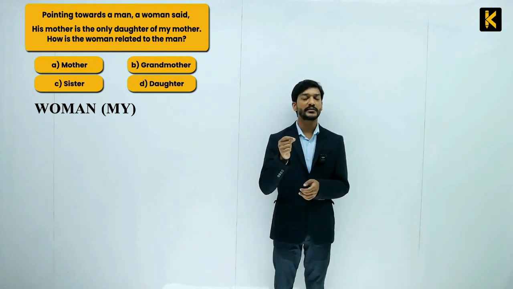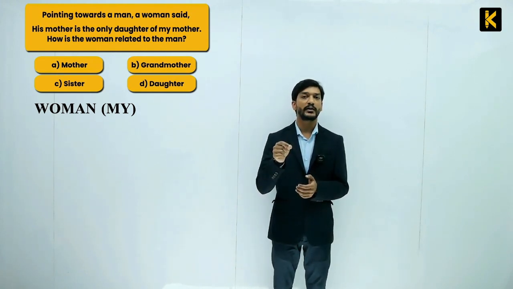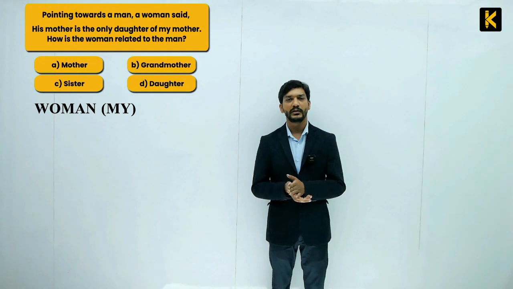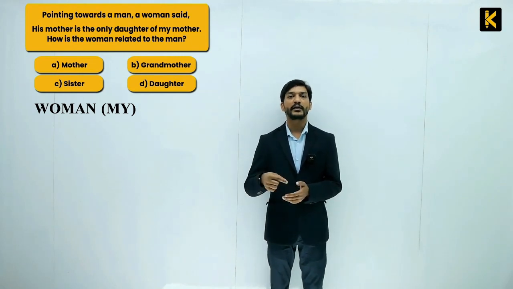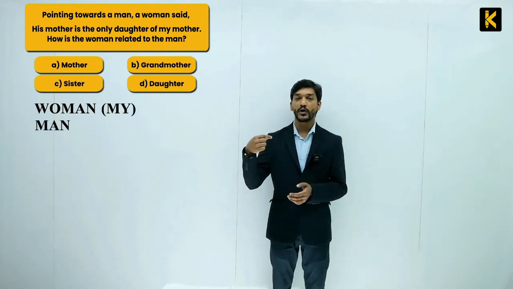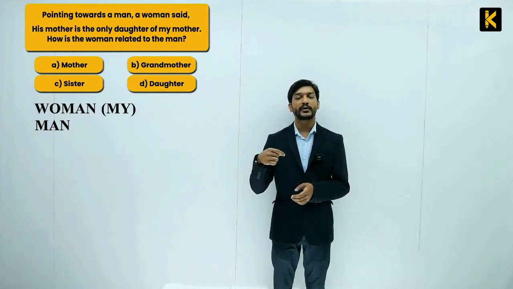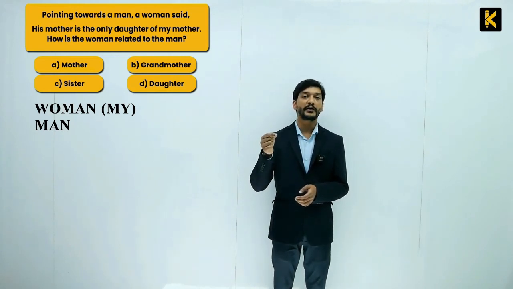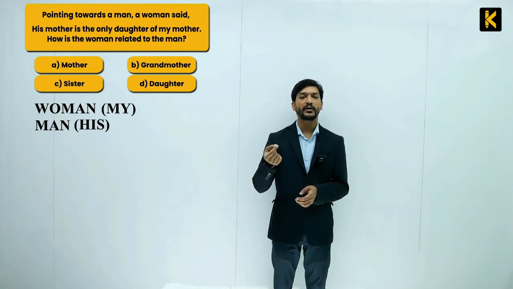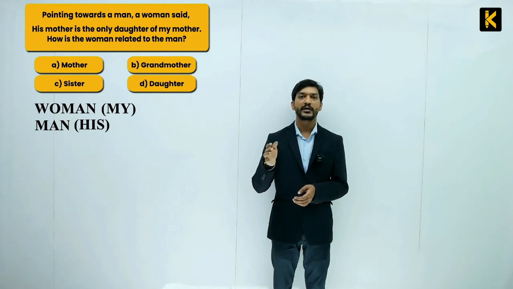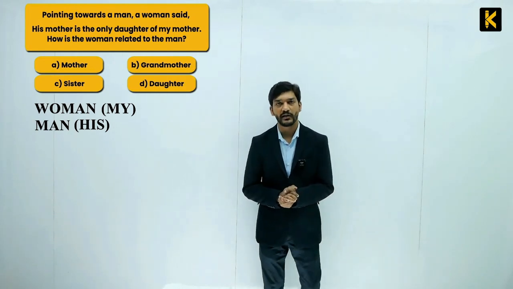And now this woman is talking about a man because she is pointing towards a man. So she will be using the word he or his for the man she is talking about.